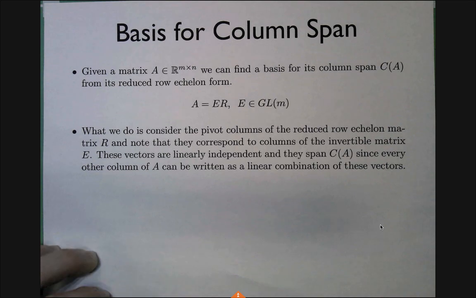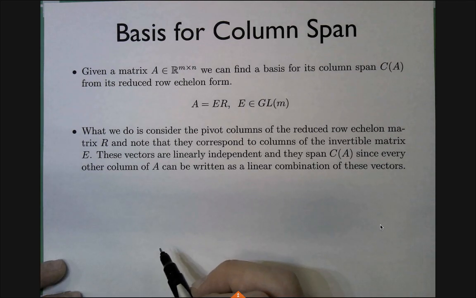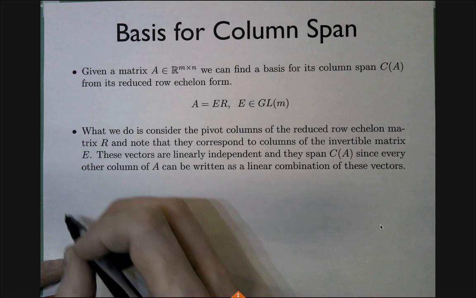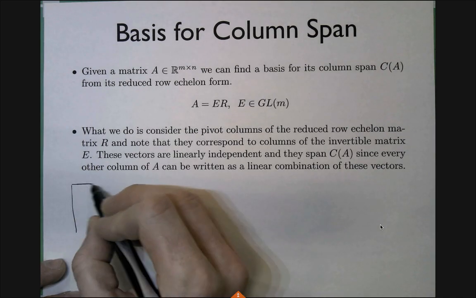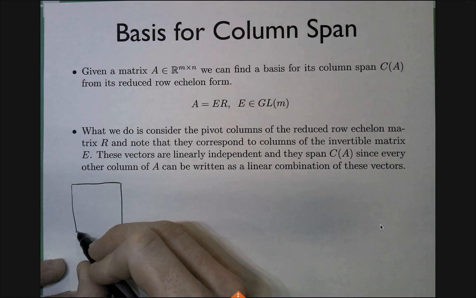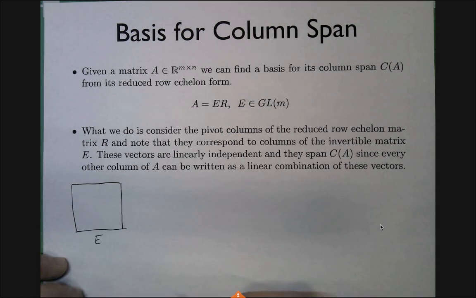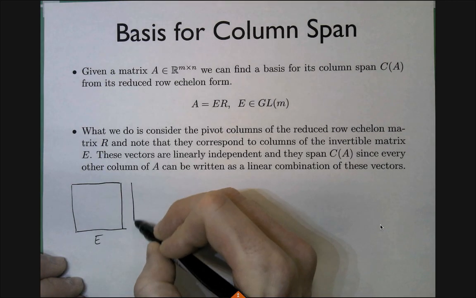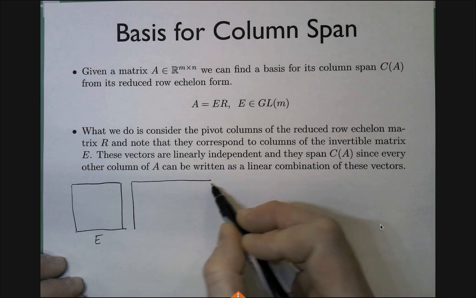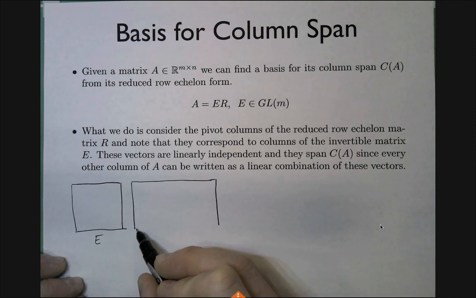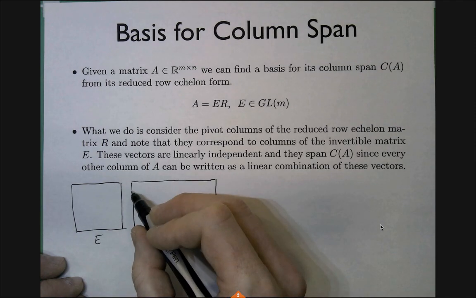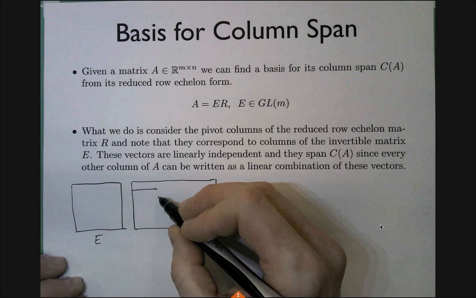So maybe let me illustrate this. Let's say that n is larger than m in this example. So this will be my E matrix, must be square, right, and invertible. And the R matrix is going to look something like this. So that's a reduced row echelon one. You know from the previous lecture that it must have this staircase pattern.